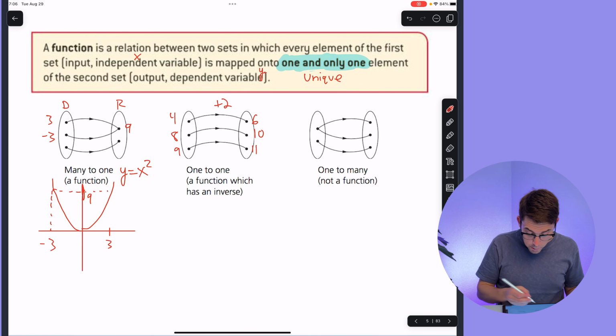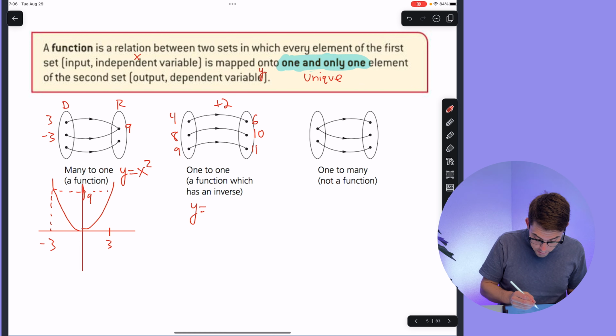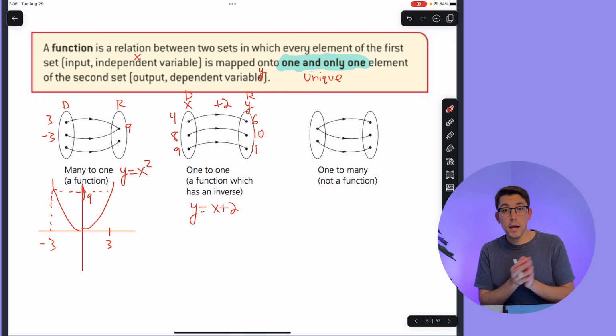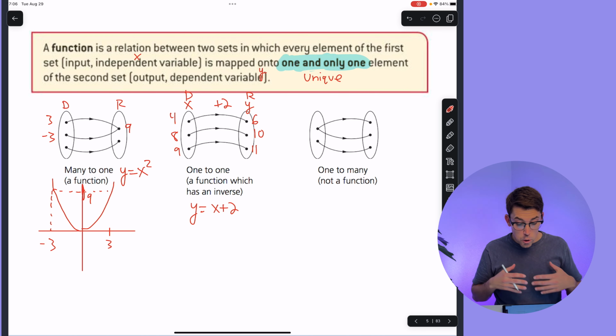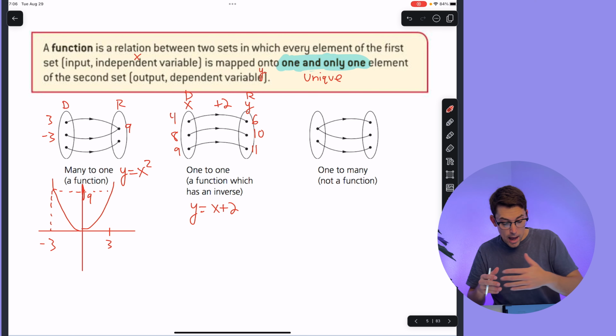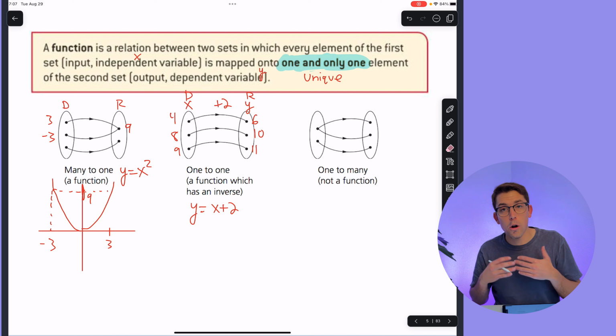It's that simple. So my equation would just be y equals x plus 2, because this is my x, this is my y, also my domain, also my range. So I have x and y, input, output, domain, range. So if I put into the function one of these members of the domain, I am going to get out the corresponding y value part of the range.